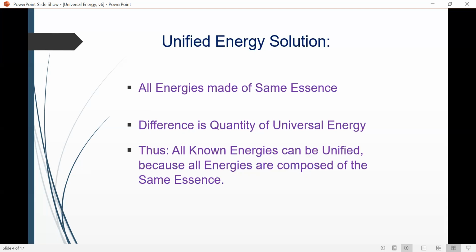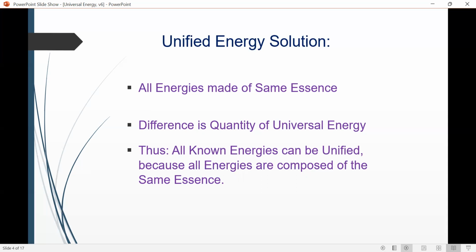The difference between the energies is the quantity of universal energy in each energy fish, okay? So for example, the gravitational energy fish has a small amount of universal energy, while the magnetic energy fish has a large amount of universal energy, okay?